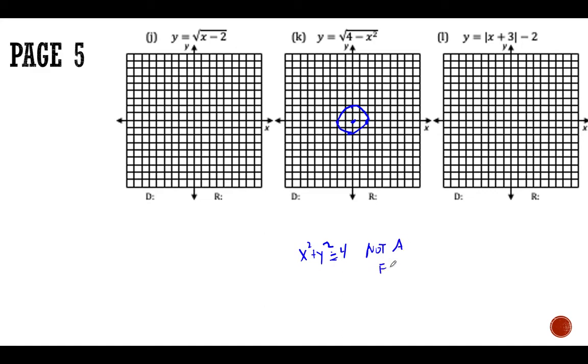And most of our theorems in higher level math, well, in math, deal with functions. I can deal with the fact if I don't have a function, but it's super nice when I do have a function. So I want to solve this for y. In other words, I want to go back to this. So I get y squared is equal to 4 minus x squared. But then I take the positive and negative square root of 4 minus x squared.